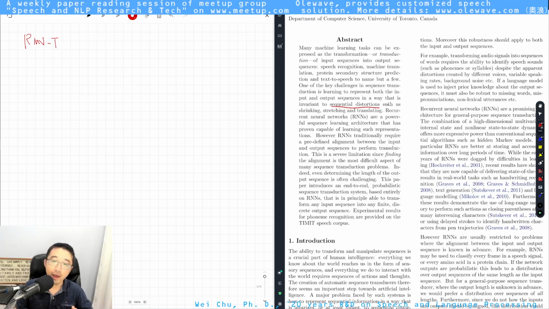This is why Dr. Graves was thinking about this, and he wants to introduce an end-to-end probabilistic sequence transduction system. Okay, and he performed the experiment on the TIMIT speech corpus, which is a phoneme recognition task.